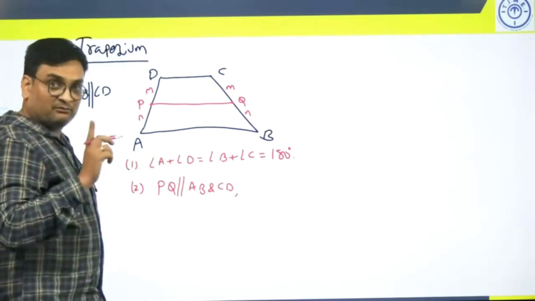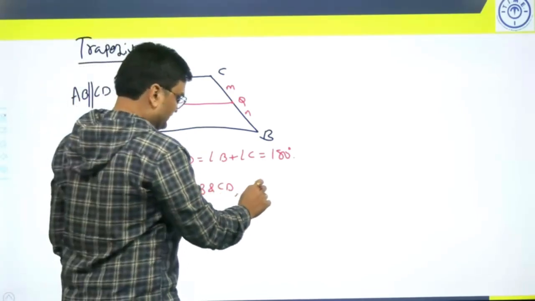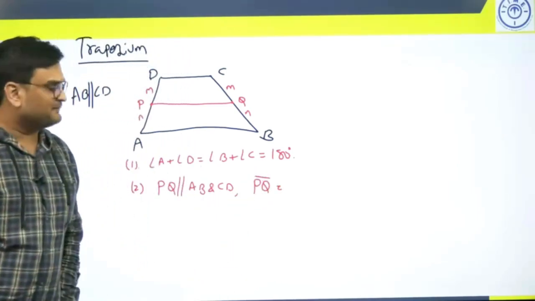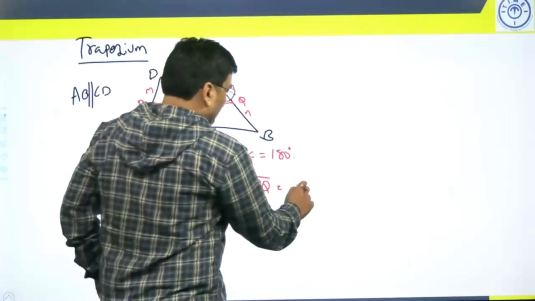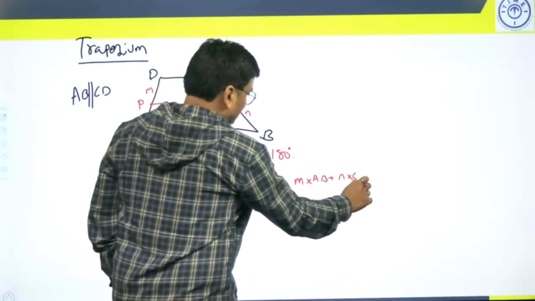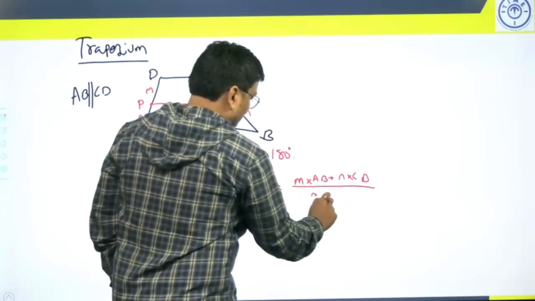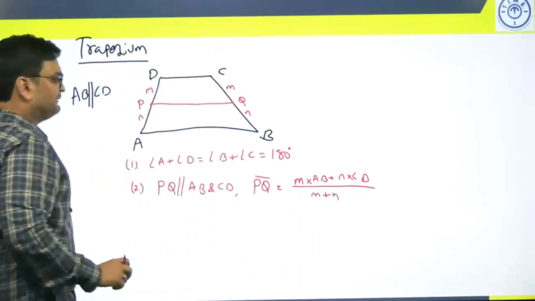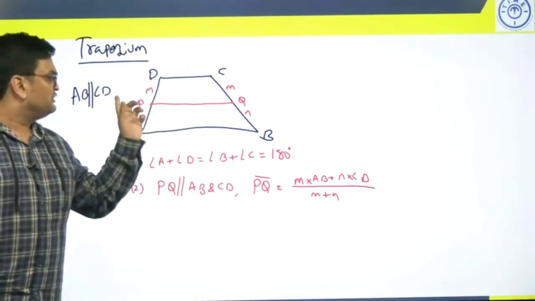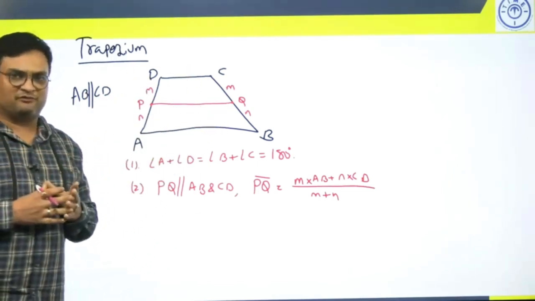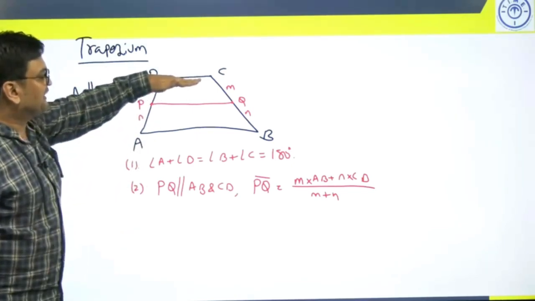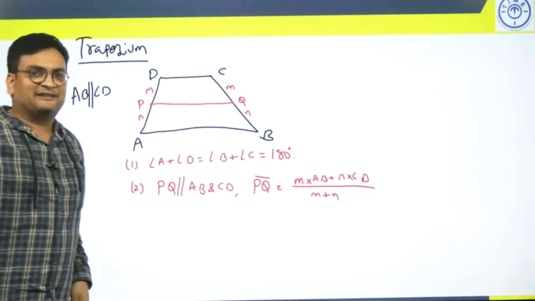Not just that, one more formula that we can note down here is that the length of the PQ line segment is nothing but m into AB plus n into CD upon m plus n. So if you know the ratio m and n, and if you know the length of the parallel sides, you can definitely calculate PQ. If you keep on changing m and n, the PQ will keep shifting up and down. You can find each of that length. Right.